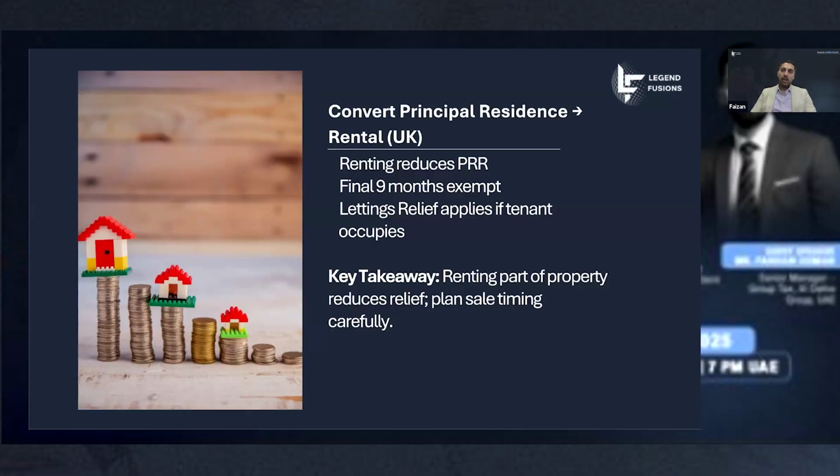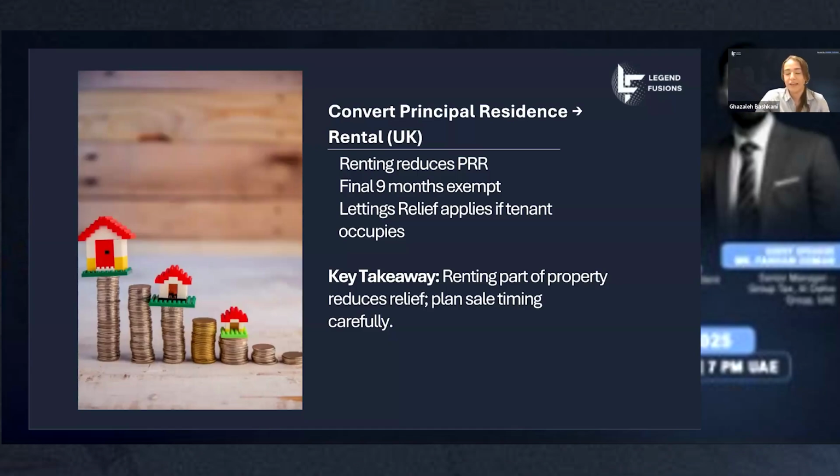One of the main conditions to get that letting relief is that you have to live with the tenant there. If you're doing so, you can claim a letting relief as well. However, you have to pay income tax, and secondly, your primary private residency relief will be limited to the period when you actually live in the property plus the last 9 months.